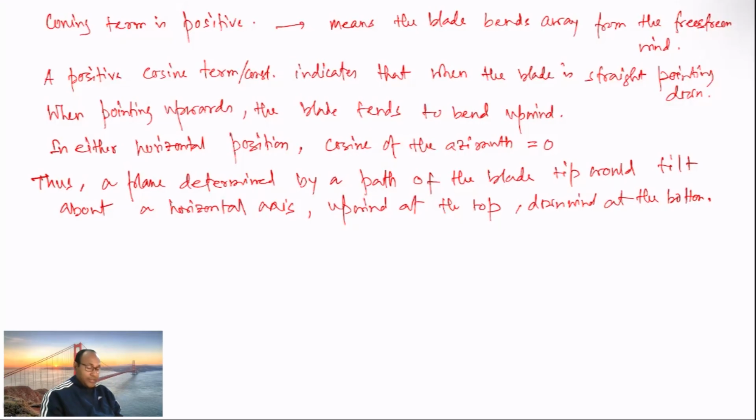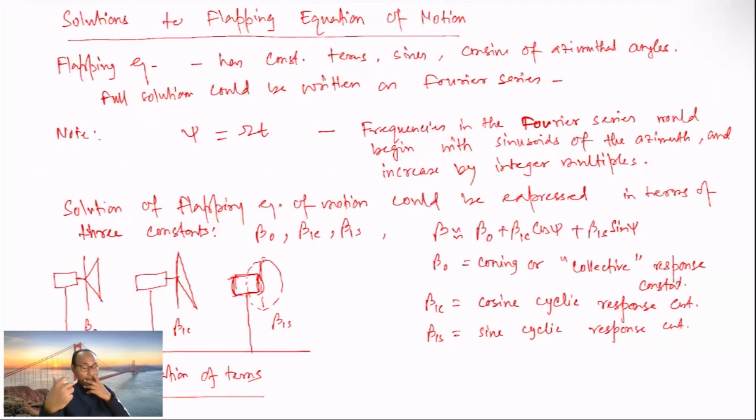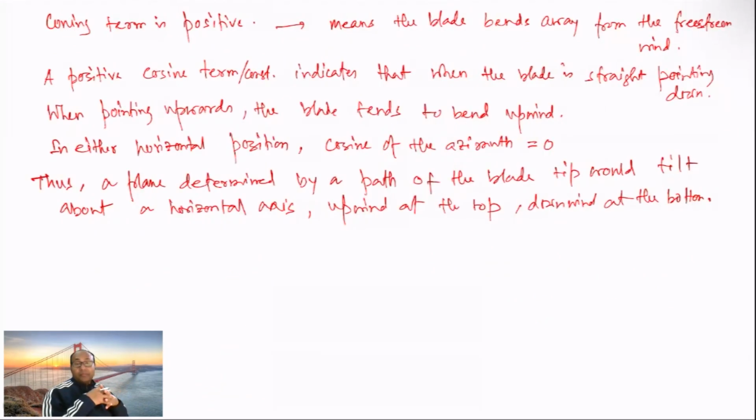This is the illustration of these different terms of the solution in the Fourier series that can be expressed: the constant term beta naught, which is a collective response term, beta 1c, which is a cyclic cosine term, and beta 1s, the cyclic sine term. A positive cosine term indicates that the blade pointing straight down is pushed downwind. When pointing upwards, the blade tends to bend upwind.